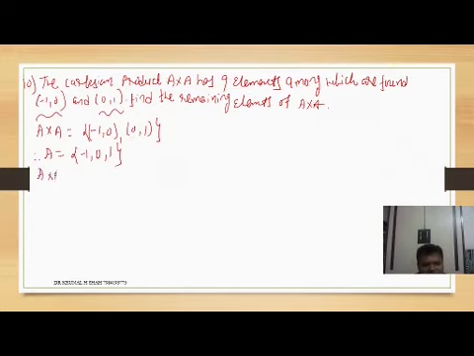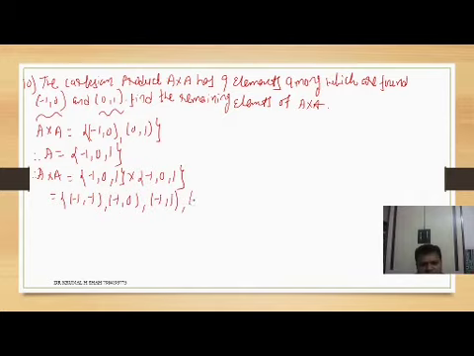So now A cross A is equal to {-1, 0, 1} cross {-1, 0, 1}. Okay, so let's start. What is this? (-1, -1), (-1, 0), (-1, 1). Okay, -1 का खत्म हो गया. अब let's start with the 0. (0, -1), (0, 0), (0, 1).